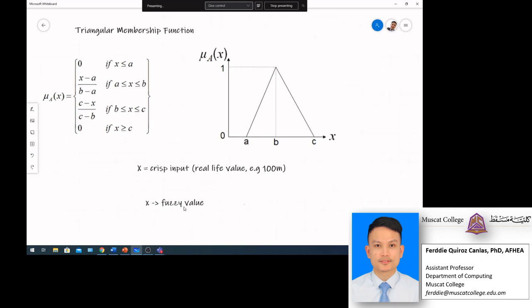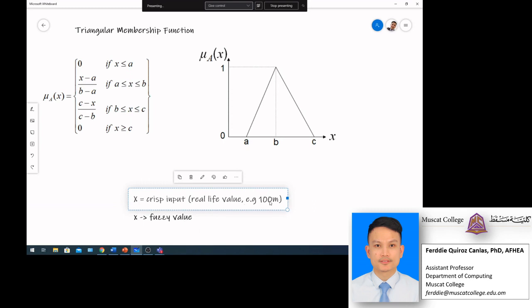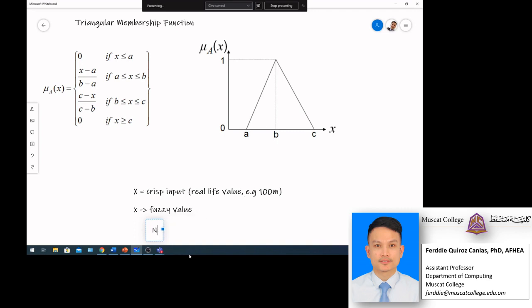So for you to convert this into a fuzzy value, you have to follow the membership functions I've told you earlier. Take note of this: the fuzzy value can only be in the range from 0 to 1.